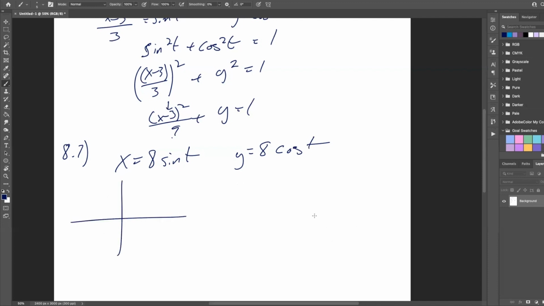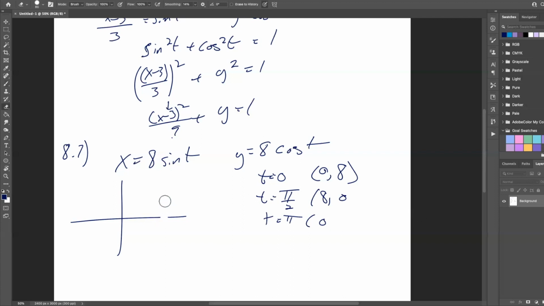So if we plug in 0, when t equals 0, I get the point 0, 8. When t equals pi over 2, I get the point 8, 0. When t equals pi, I get the point, hold on, I'm starting in the wrong spot.